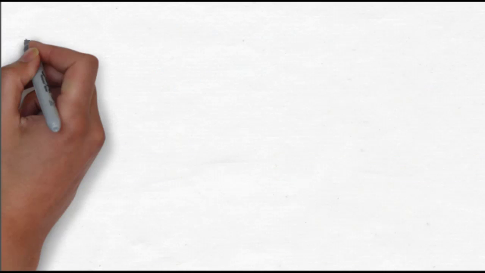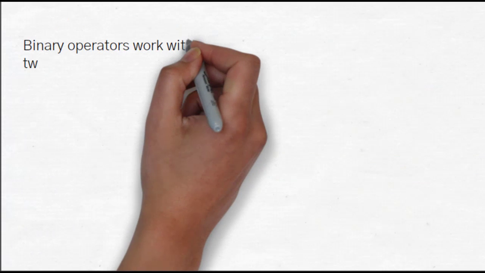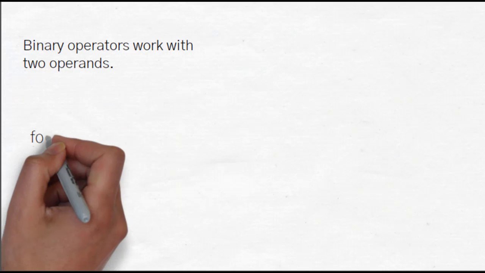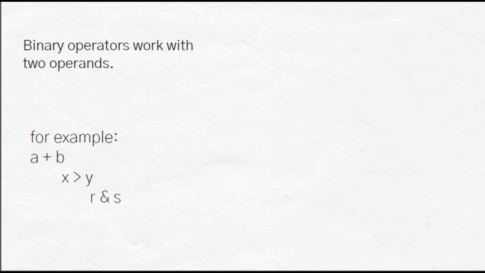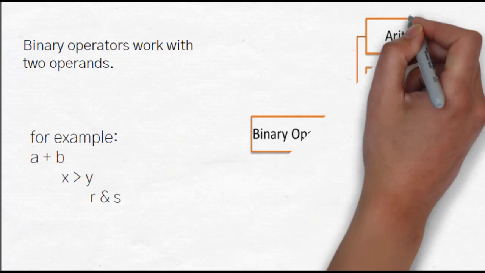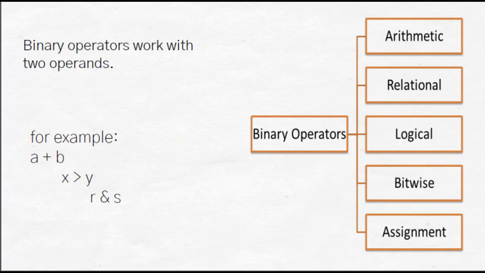Binary operators are those operators which take two operands. For example, a + b or x > y. They are classified into arithmetic, relational, logical, bitwise, and assignment operators.